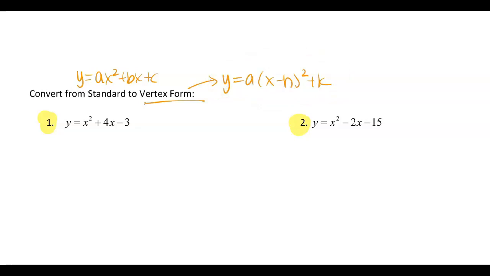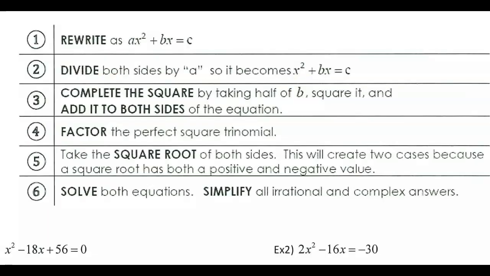Okay, well, if you think back to what you should have done several weeks ago when you were looking at completing the square, which were these notes here, I gave you some steps. In those steps, I told you to rewrite, if you were solving, make the constant on the other side of your equation over here, and then you would need to divide both sides by a in case you had an a value, which in this case we don't, and then you would need to complete the square.